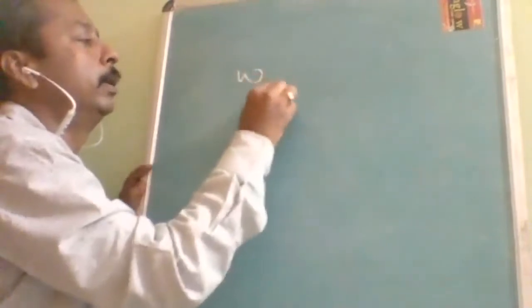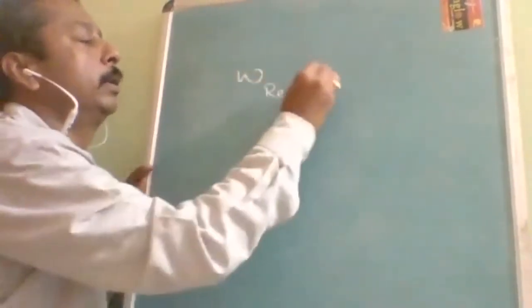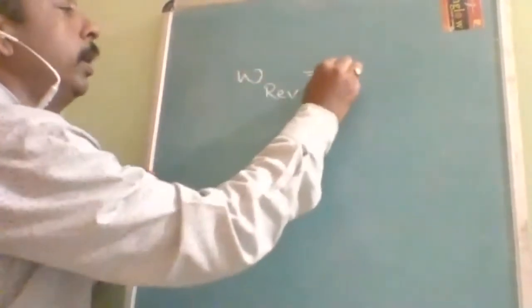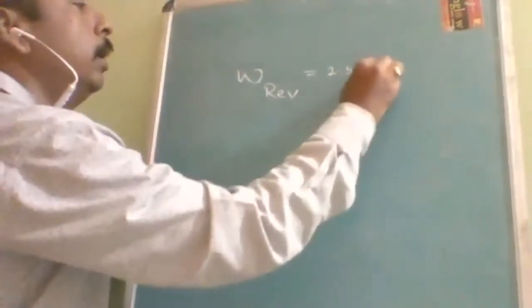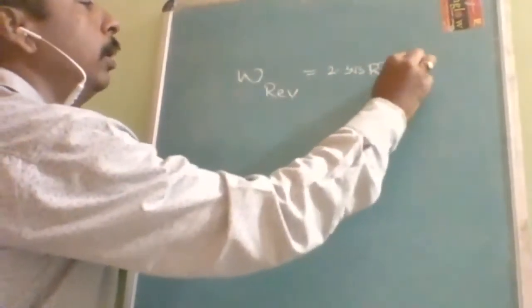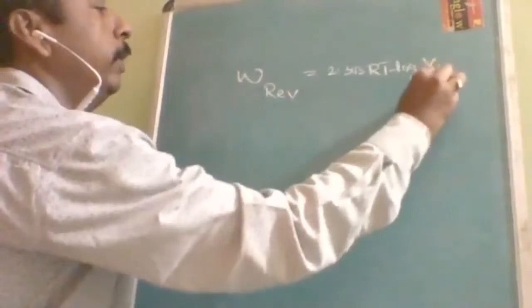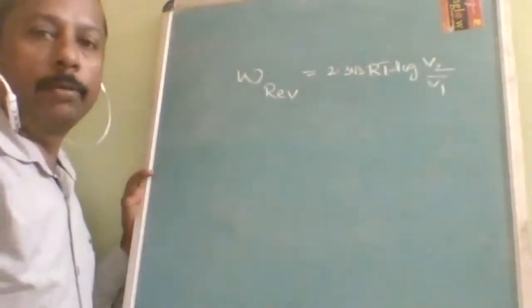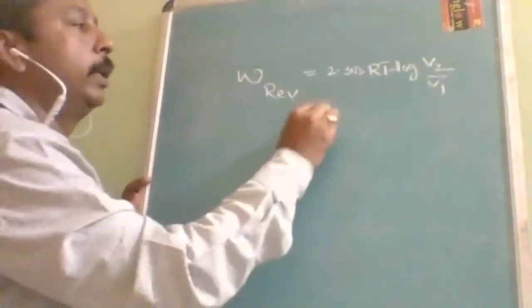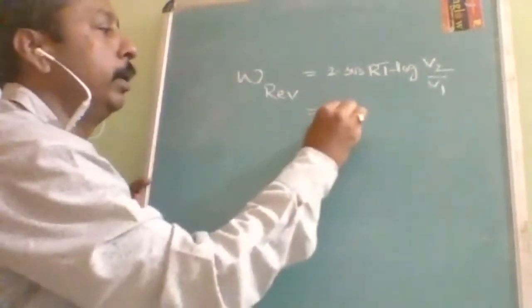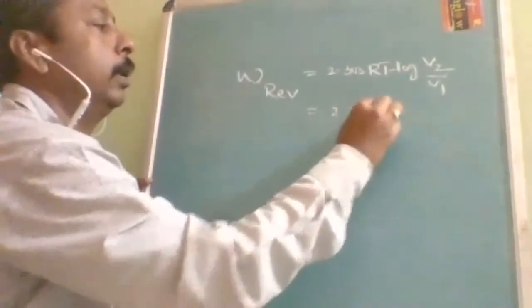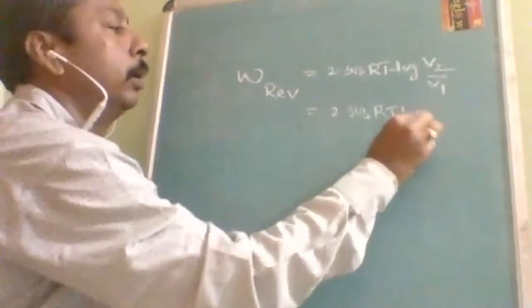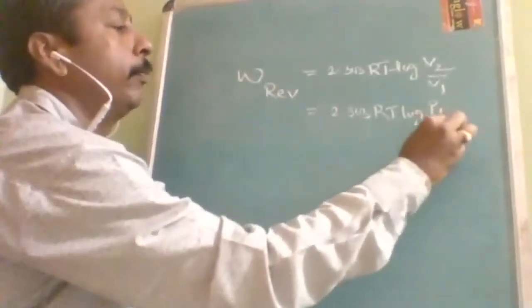If work done in the reversible pattern, it is 2.303 RT log V2 upon V1. If pressure is given, then it will be 2.303 RT log P1 by P2.